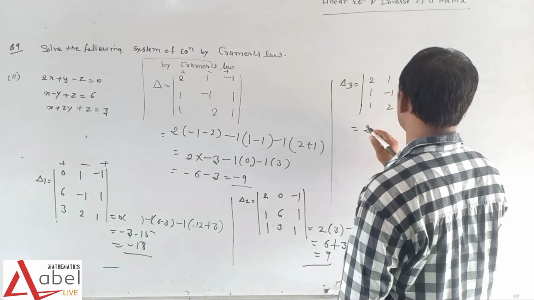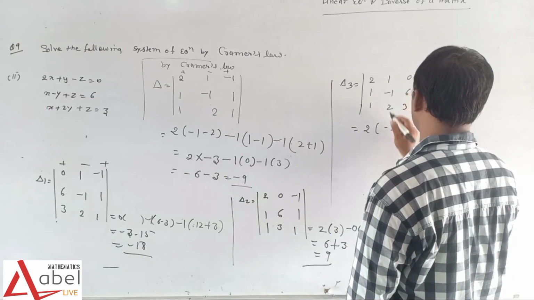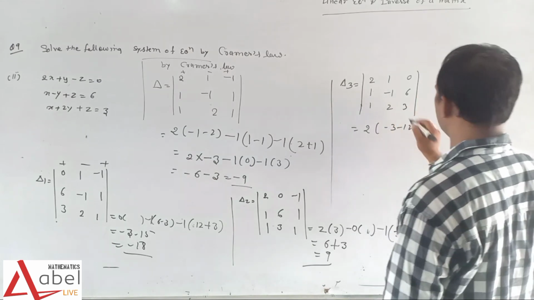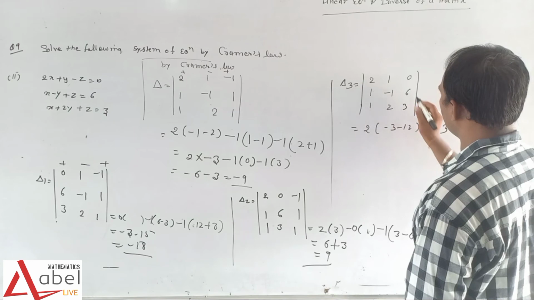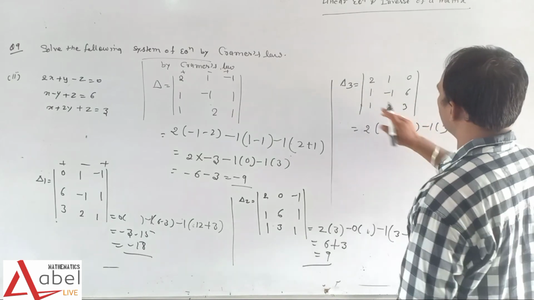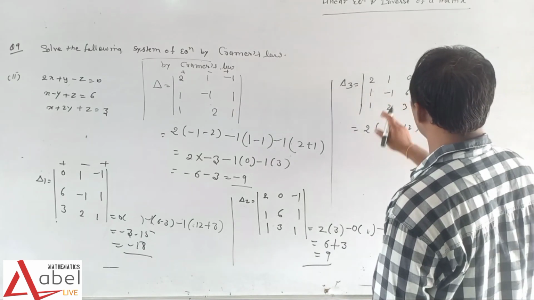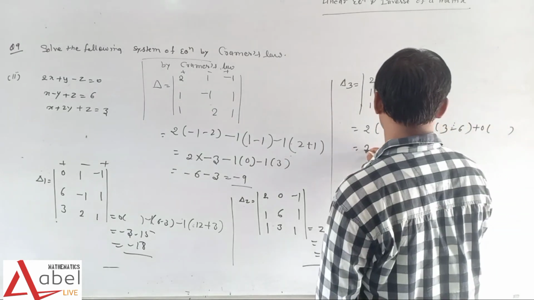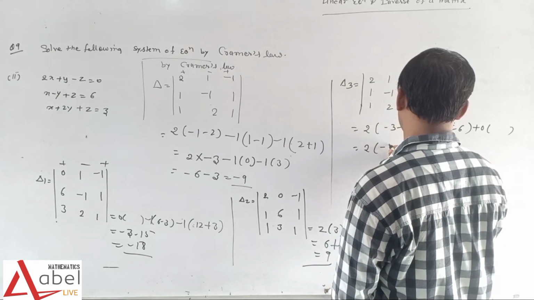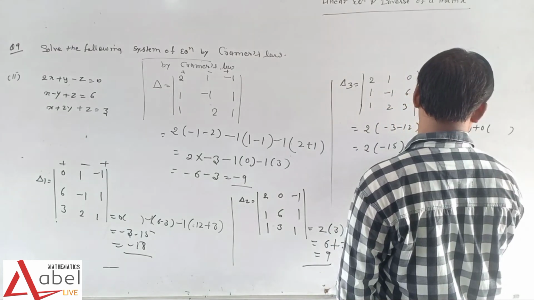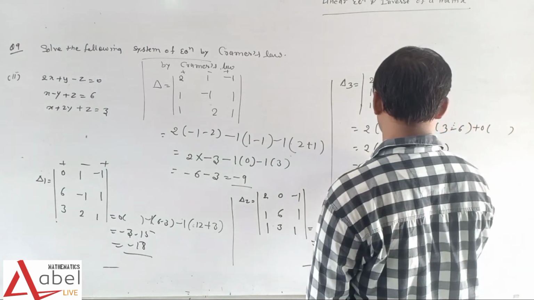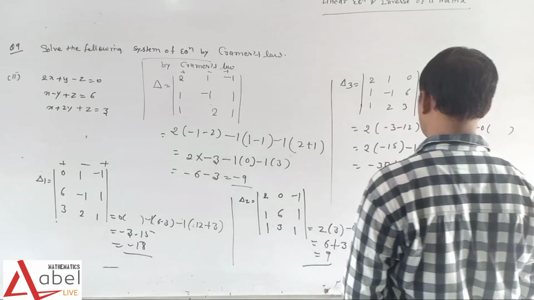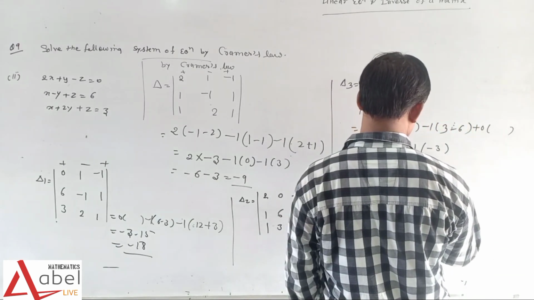Now we have to solve it. It is minus 3 and it is minus 12, minus 1 and it is 3, minus 6, it is 3 minus 6, and the next one is 0, so it is 0, so it is 2 and it is minus 15 and it is minus 1 and it is minus 3, so it is minus 30 and it is plus 3, so we can say that 30 minus 3, it is minus 27.